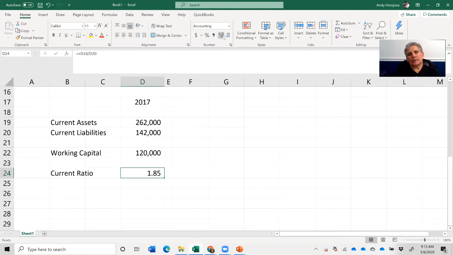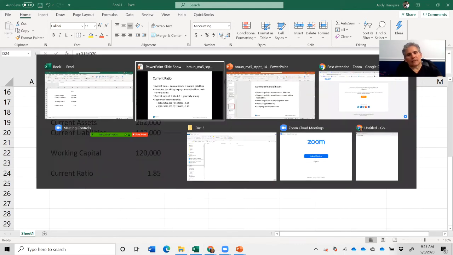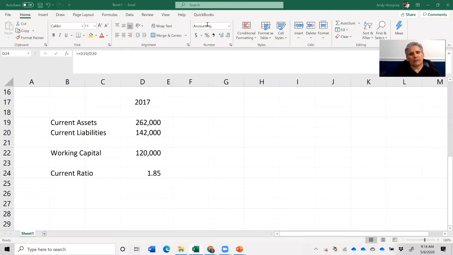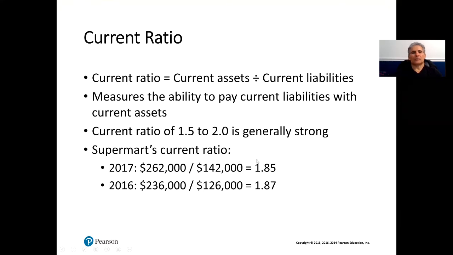We certainly want this number to be at least equal to or better than 1 at a minimum. If it's 1, that's getting a little bit scary because we're running real low. If it's less than 1, then we're having some issues here. But if it's larger than 1, and if we have a significant proportion above, that's what the textbook says. It says current ratios of 1.5 to 2.0 generally are considered to be strong. Well, we're right at 1.85, so we're pretty good.